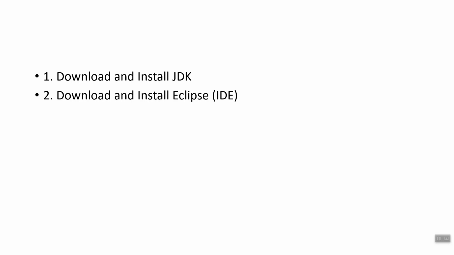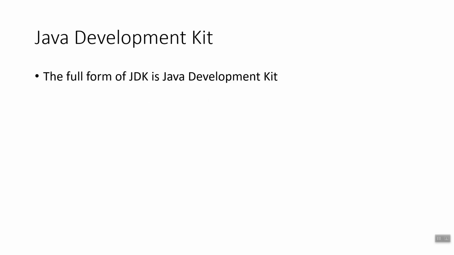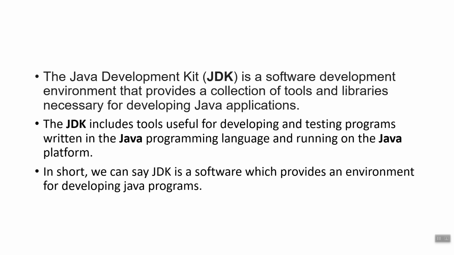So for now, let us focus on the first point, which is to download and install JDK. So obviously, the first question here is, what is JDK? Now, the full form of JDK is Java Development Kit. And if we have to define JDK, then we can say the Java Development Kit is a software development environment that provides a collection of tools and libraries necessary for developing Java applications.